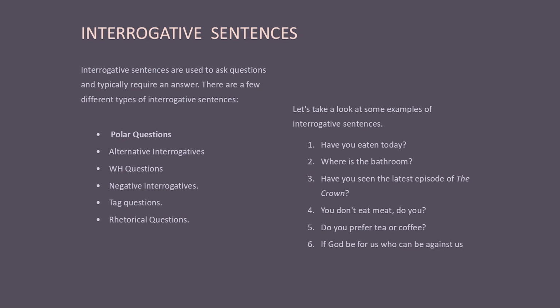You don't eat meat, do you? Do you prefer tea or coffee? This is an example also of an alternative. Then the last one, if God be for us, who can be against us? This is a rhetorical question.